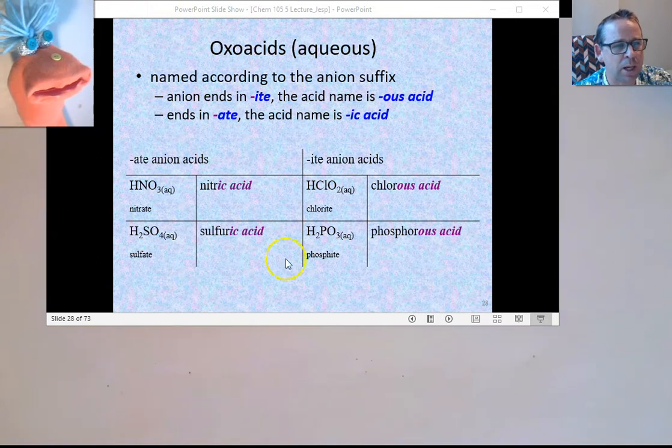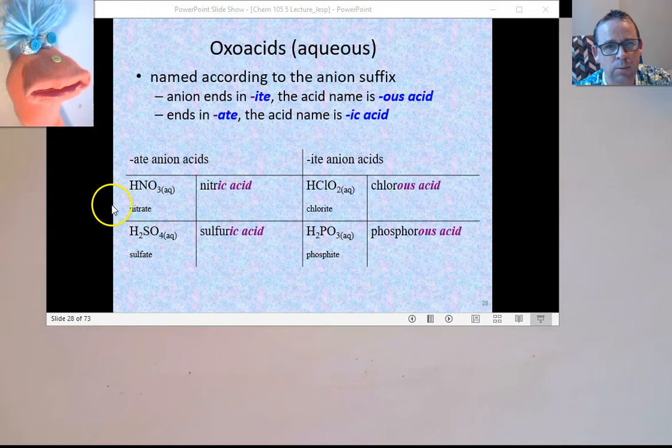So in this case, this is the nitrate ion, hydrogen with the nitrate. If the polyatomic ion ends in ate, then the acid ends in ic. So nitrate will come together with hydrogen to form nitric acid. Sulfate forms sulfuric acid. They throw a little R in there for the sulfur, sulfuric acid.